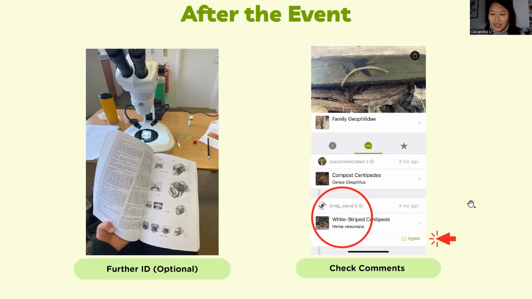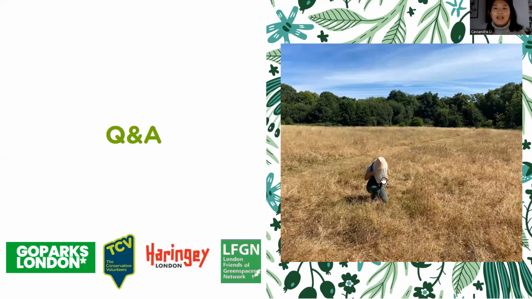So what you do is, if you agree with them, you click on agree, then this is research grade. Right, that's actually everything. And we can go to Q&A.